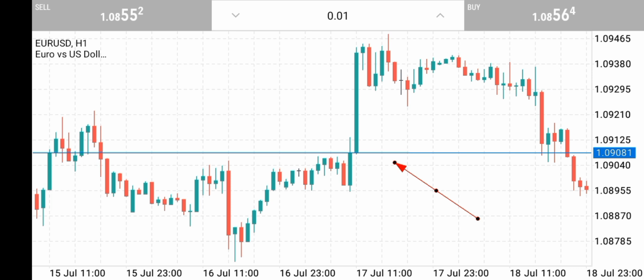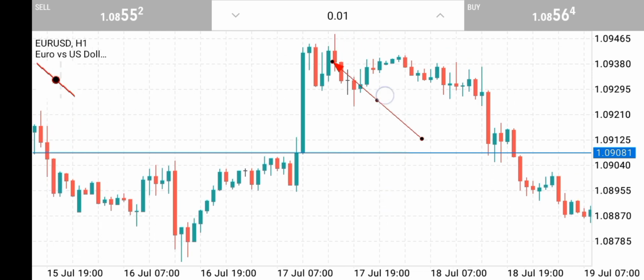I want you to watch closely. After doing your analysis, you expect the price to start falling from here and fall downwards.